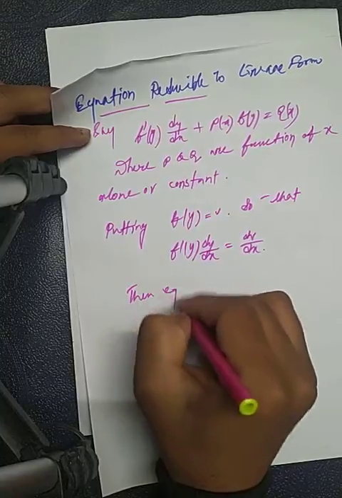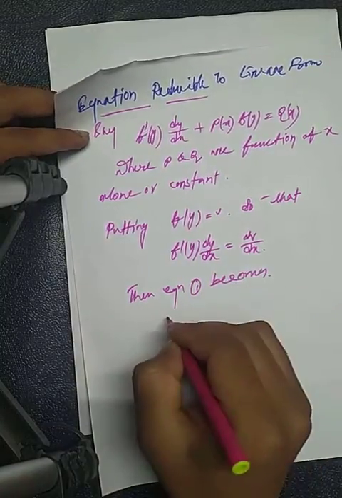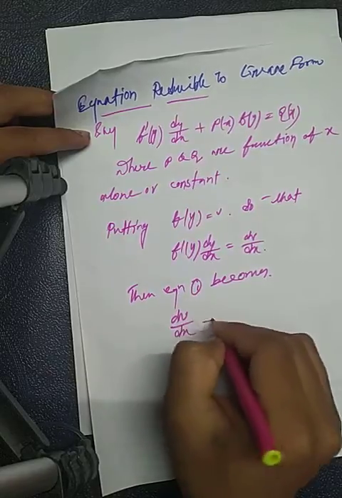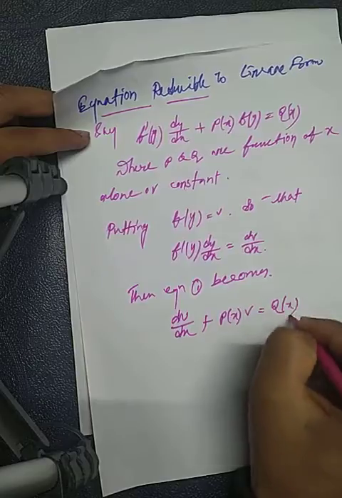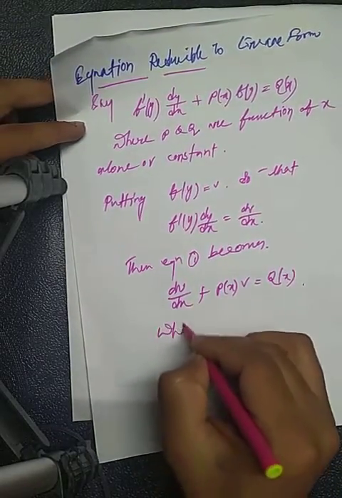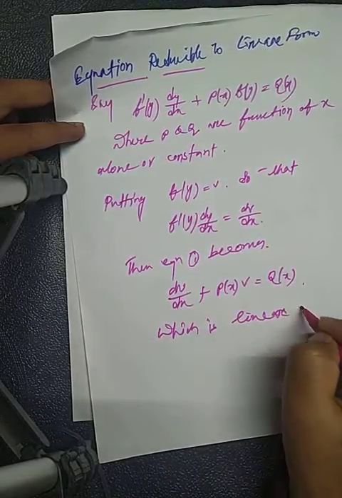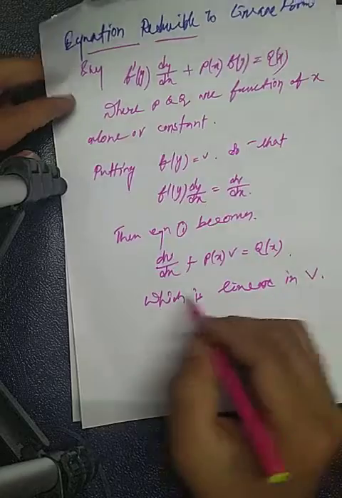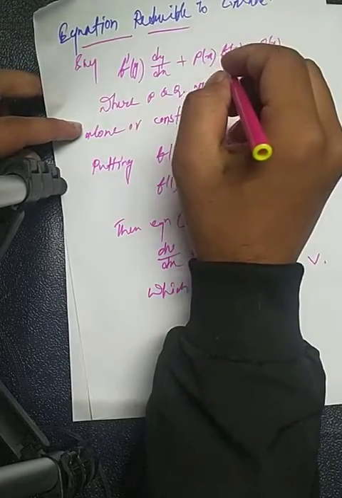Then equation 1 becomes dv/dx + P(x) v = Q(x), which is linear in v.